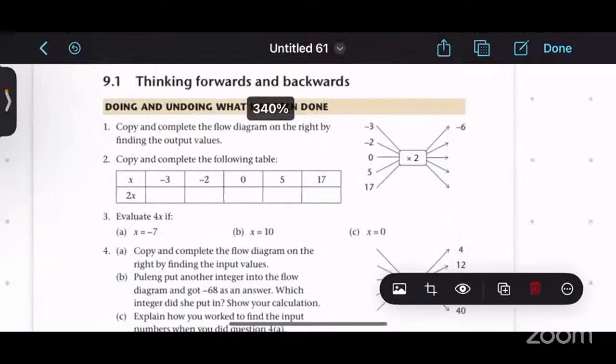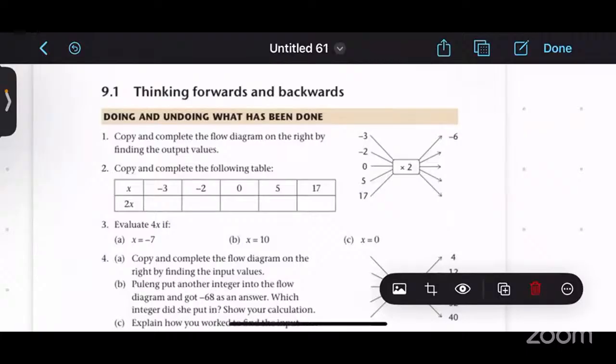So they say thinking backwards and forwards, doing and undoing what has been done. Copy and complete the flow diagram on the right by finding output values.